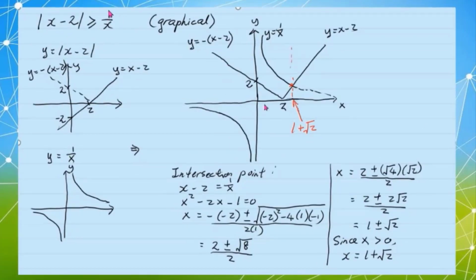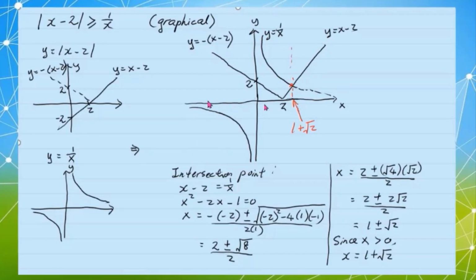Now when we look at this modulus inequality, since the modulus x minus 2 is greater than 1 over x, means we are going to take the region where modulus x minus 2 is above the graph 1 over x. So this is modulus x minus 2 and this is 1 over x.